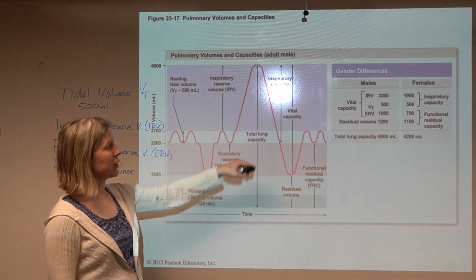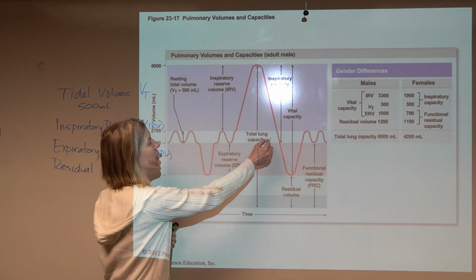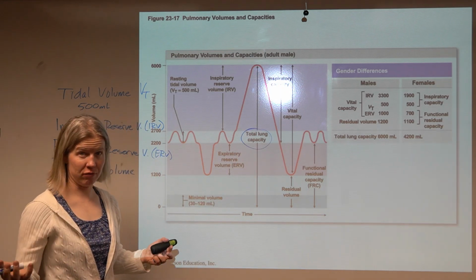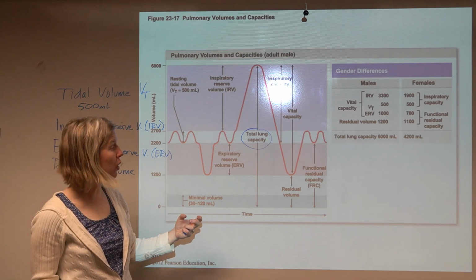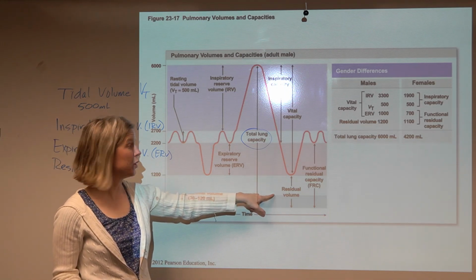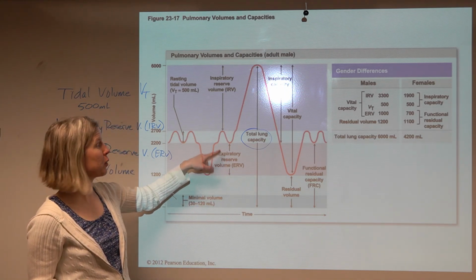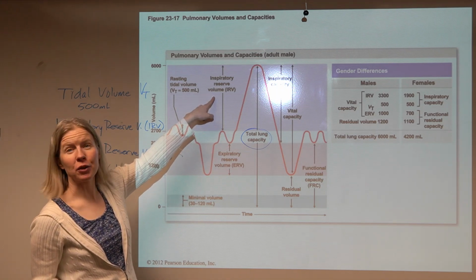Okay, on to capacities. We'll just work our way across here. So total lung capacity. Notice that this is how much air the lung can possibly hold. It includes residual volume, expiratory reserve volume, tidal volume, inspiratory reserve volume.